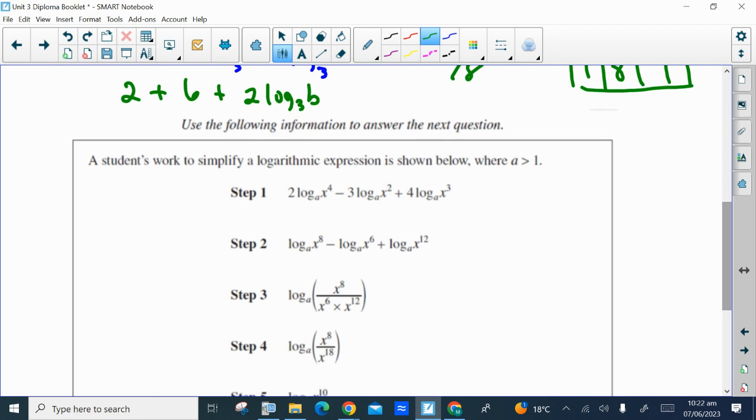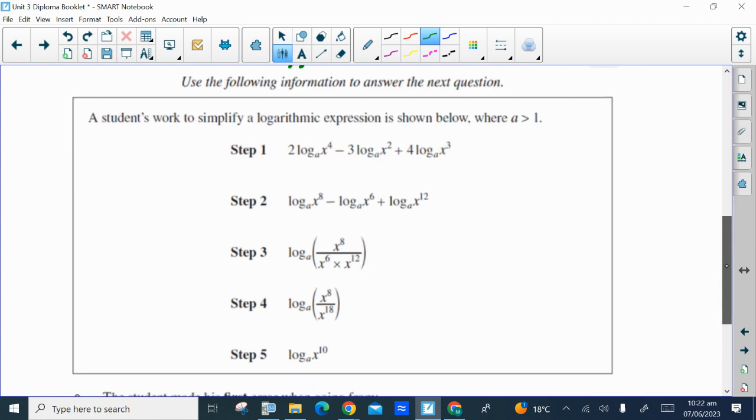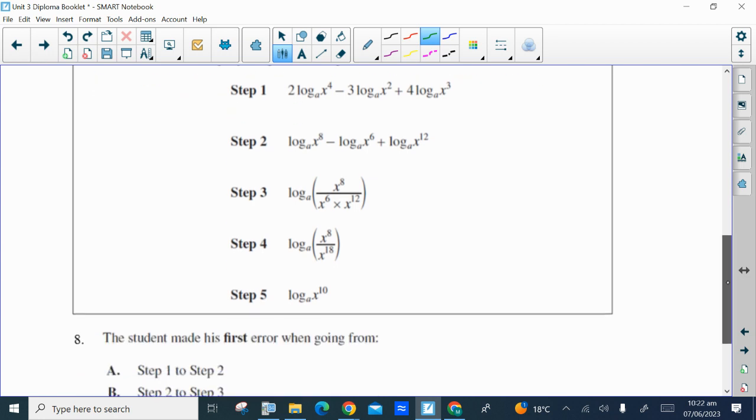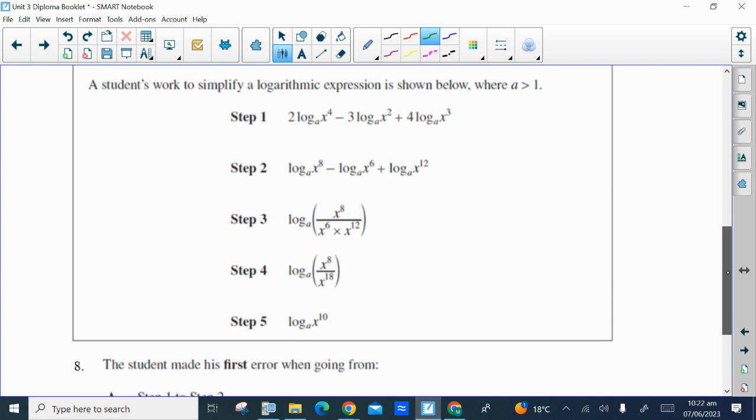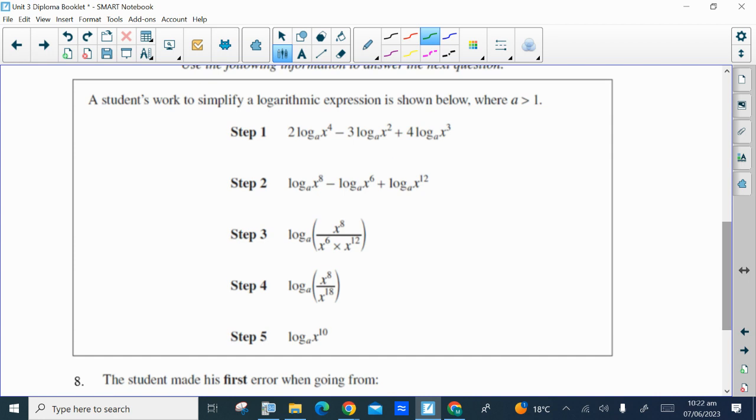This next one is students' work to simplify a logarithmic expression, shown below, where A is greater than 1. So step 1, you've got the expression, and then they start to simplify it. Where did they make their first error? To go from step 1, it looks like they brought all the coefficients up as exponents.